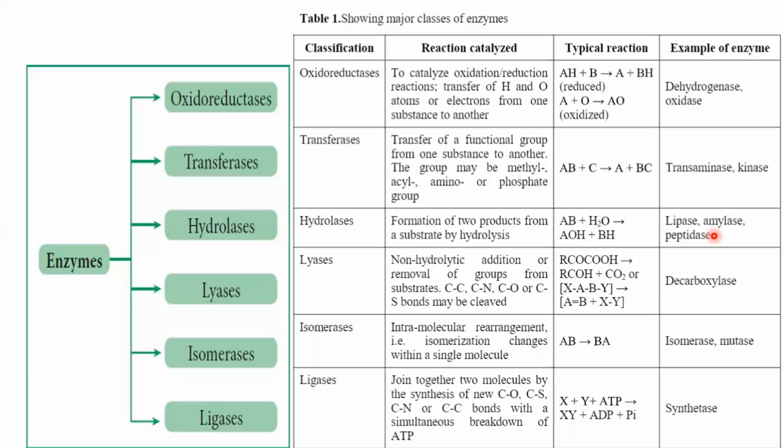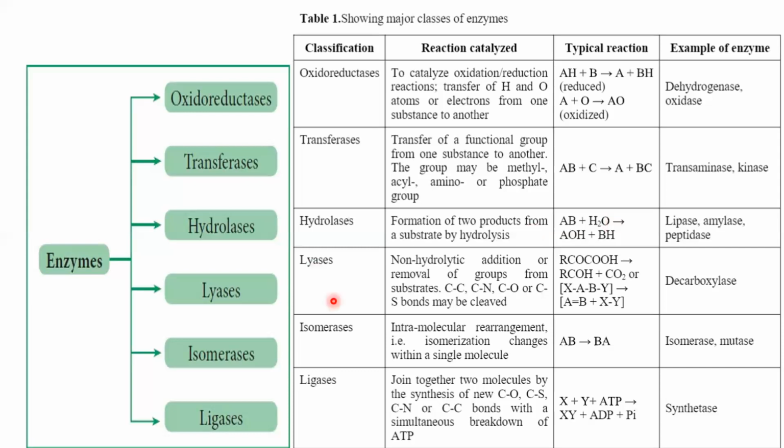In the presence of lipase, the lipids will become soluble in water. The lipase gives a water molecule to the lipid. This is the primary function of hydrolases. So how do hydrolases work? Two products are formed from a substrate by hydrolysis. AB plus water is converted to AOH plus BH. So this is how hydrolysis reactions work.